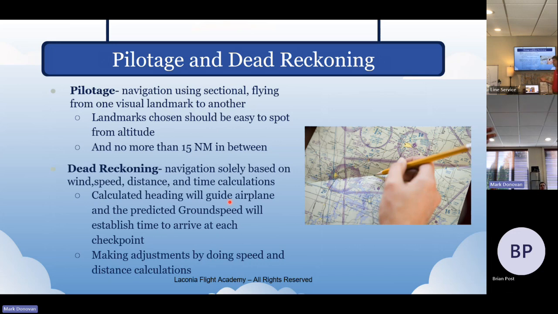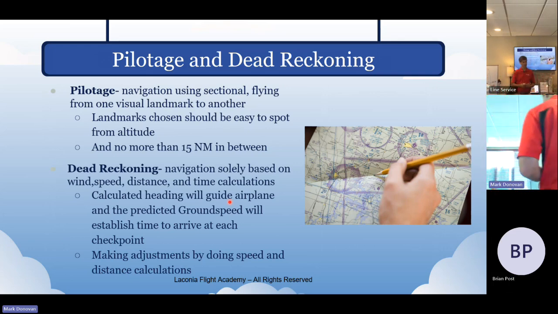And then we have something called dead reckoning. Again, this is about navigating solely by understanding what the wind is, your ground speed, the distance that you're trying to travel, and your time calculations. If there's one simple equation in physics you probably ever want to learn, didn't you guys take physics? Okay. So there's something called S equals VT.